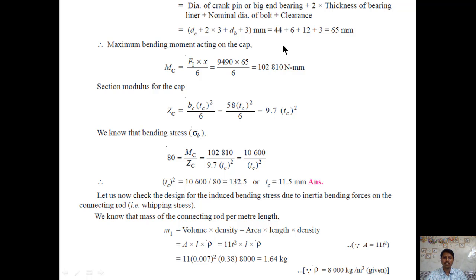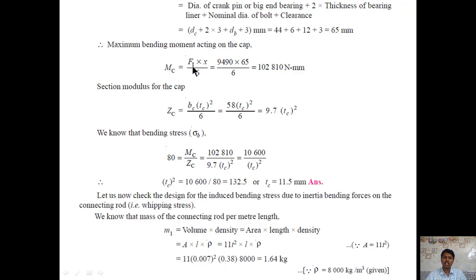So, x is the distance between the bolts. Distance between the bolts can be calculated as diameter of the crank pin or big end bearing plus 2 times thickness of bearing liner plus nominal diameter of bolt plus clearance. Now, from here we can calculate that x equal to 65 mm. Maximum bending moment acting on the cap MC equal to Fi x by 6.